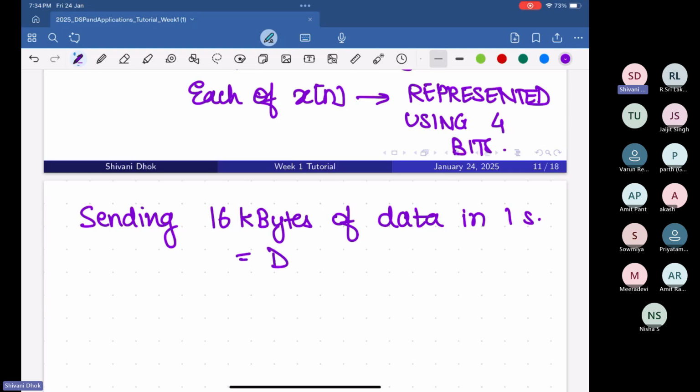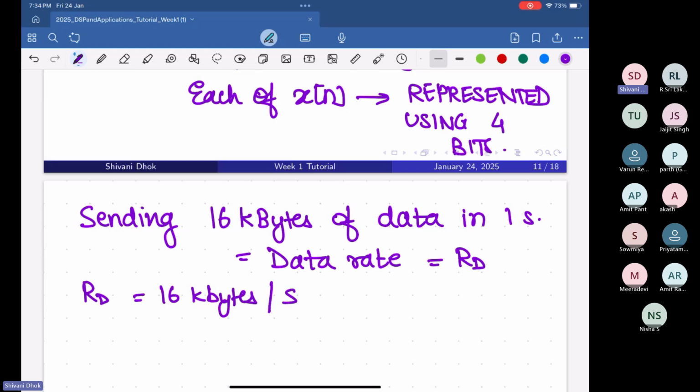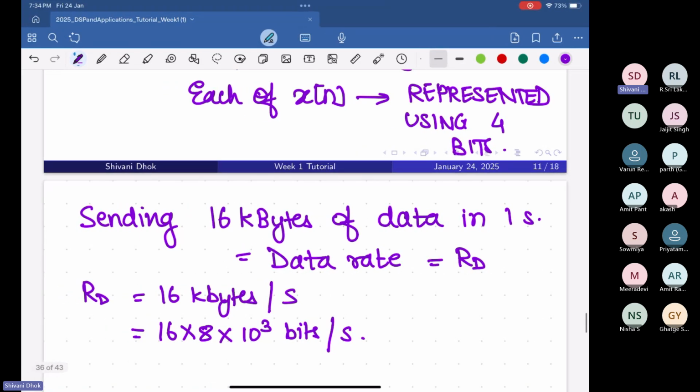This is known as the data rate, let's say given by R_D, and this R_D is 16 kilobytes per second, which we can also write as 16 into 8 bits, as 1 byte has 8 bits, and kilo is generally 1024. But for now, let us take 10 raised to 3 bits per second. We want to transmit using these many bits per second, which means we need at least these many bits available.